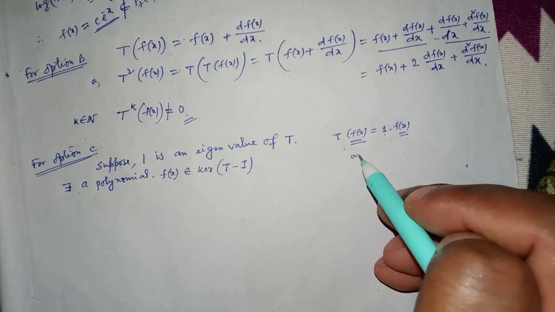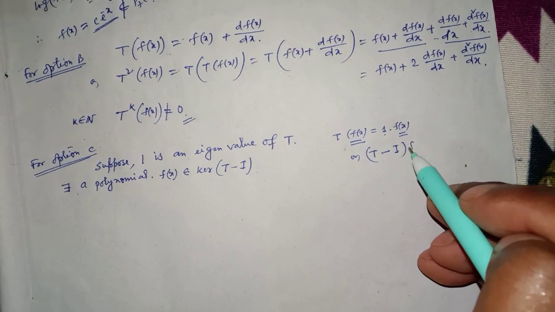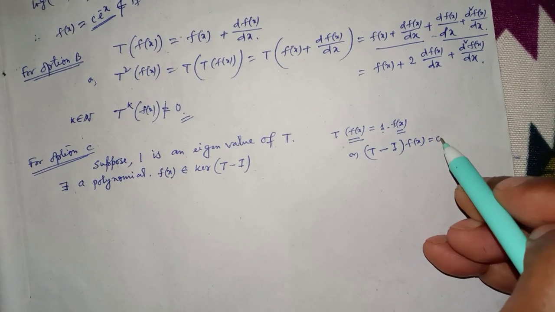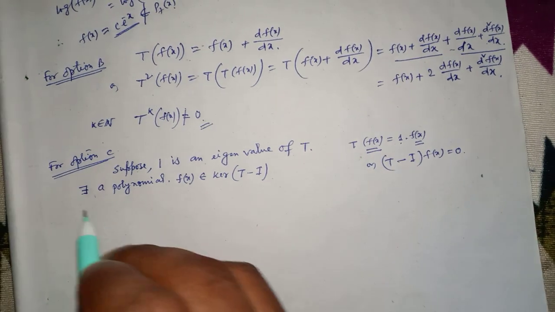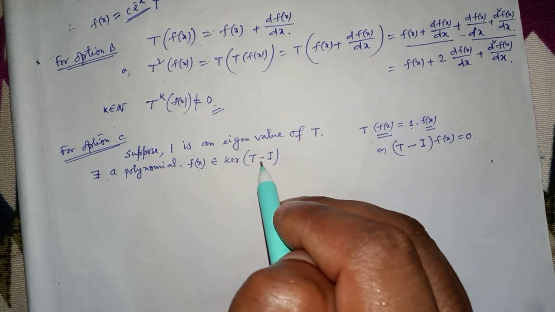That is, (T minus I)(f(x)) = 0. That is, there exists a polynomial f(x) belonging to the kernel of T minus I.